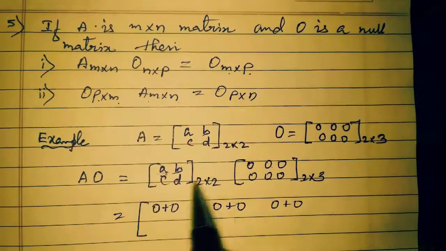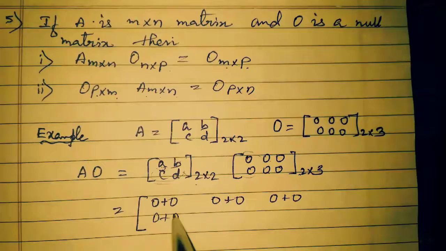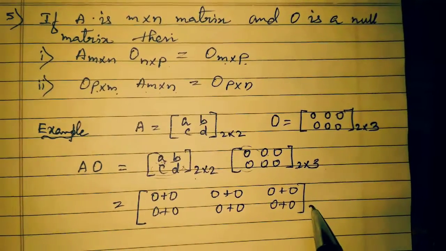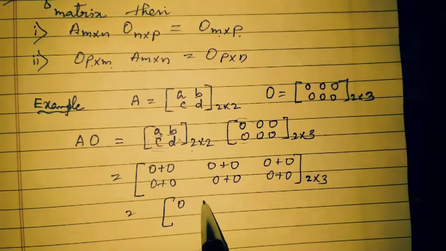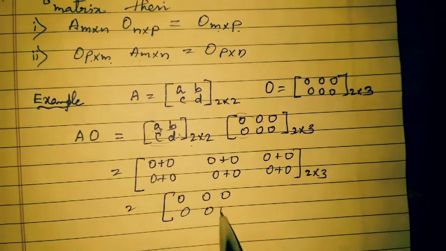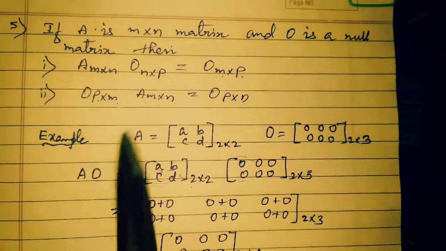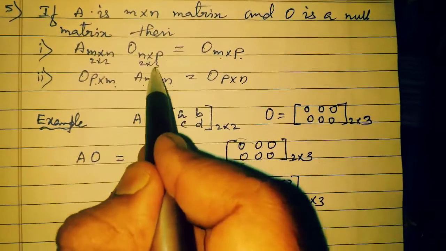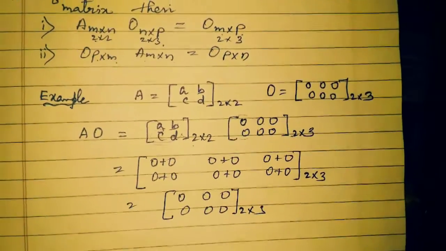Similarly for the second row, C and D, here also 0 plus 0 everywhere. So finally the resultant 2 into 3 matrix is a null matrix of order 2 into 3. Here one matrix is 2 into 2 and the other is 2 into 3, so the resultant is 2 into 3, that is M into P. Clear, students?